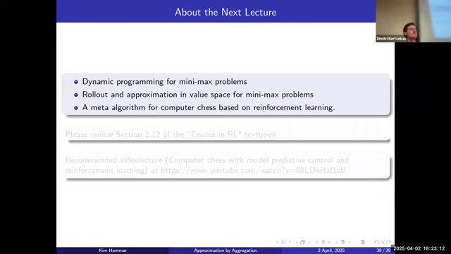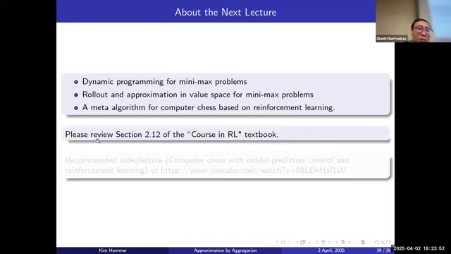Yeah, for the next lecture, we're going to talk about dynamic programming for minimax problems. And then we're going to talk about rollout and approximation in value space for minimax problems as well. As a case study, we're going to demonstrate a meta algorithm for computer chess based on reinforcement learning, whereby we try to approximate the maximizer in the minimax problem using a given chess engine and demonstrate how a two-player game can be transformed into a one-player problem.